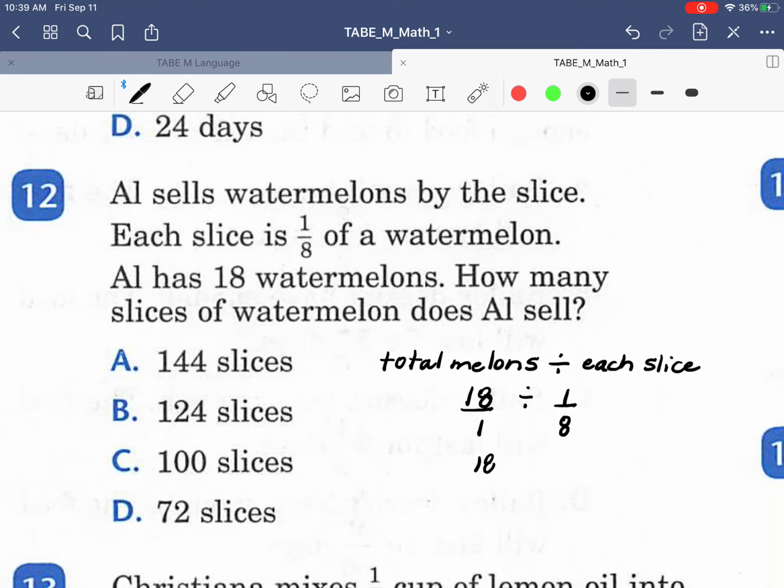So we have 18 over 1. Use the reciprocal out here. And again, I don't know my times tables that high, so if you can do it in your head, that's fine.